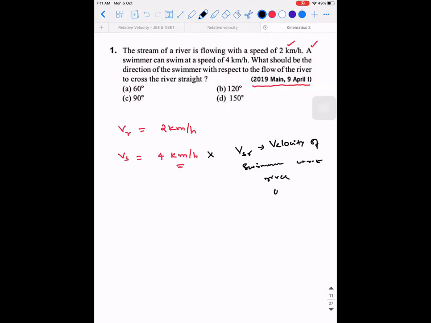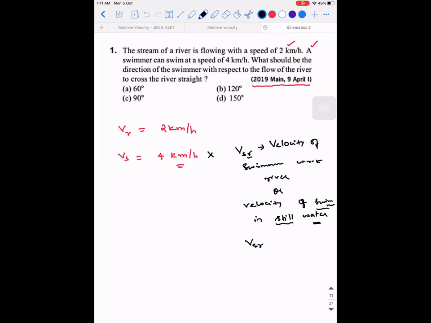This is one way. Or we also say this is the velocity of swimmer in still water. You're able to understand, this is what we call the velocity of swimmer in still water. You can ask me, why is it so? Why am I using velocity of swimmer in still water? Then why am I using R here? It's very, very simple. Observe.